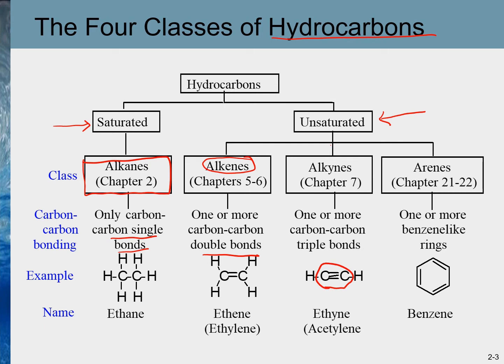These kind of compounds are known as alkynes, and we will study these compounds in chapter 7. And the third category of unsaturated hydrocarbons are arenes. Arenes are those compounds which contain aromatic rings such as benzene, and this category of compounds will be studied in next semester in Organic Chemistry Part 2.